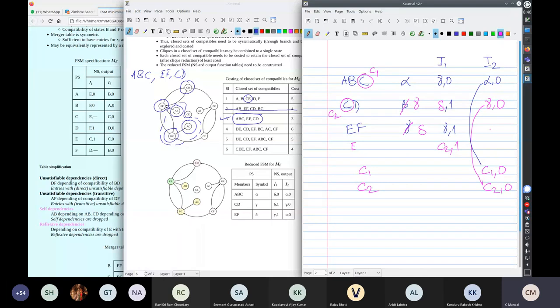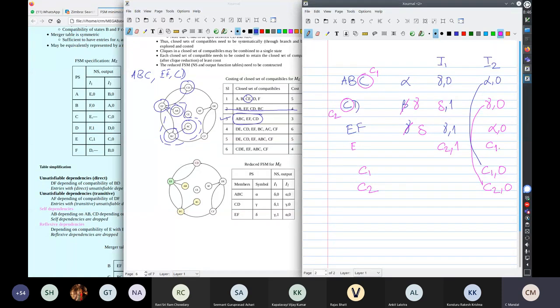So BC is, as you can see, alpha, and the output is 0. But this alpha, here it is going to C1 with an output of 0.